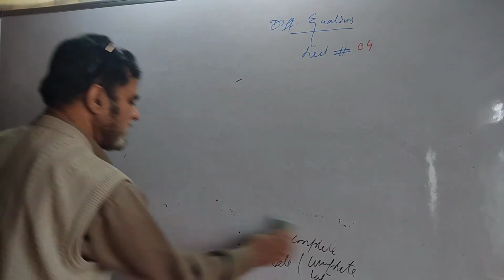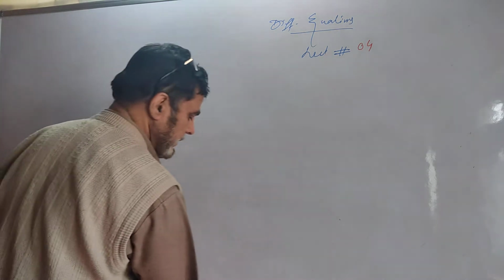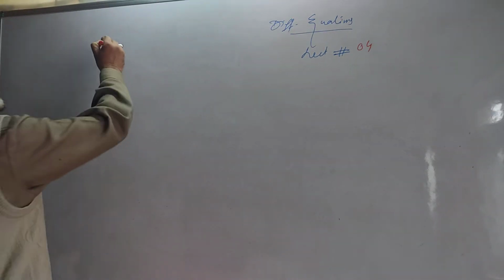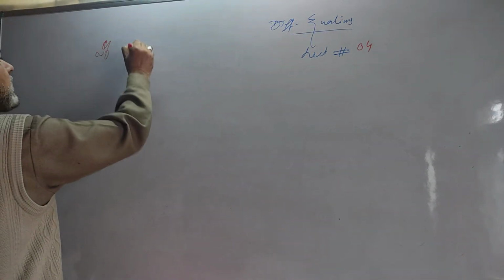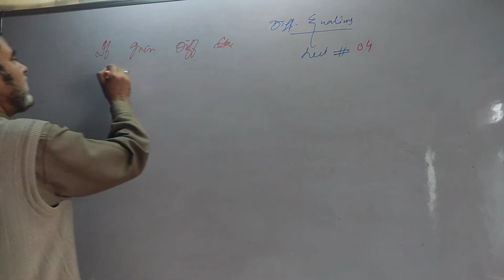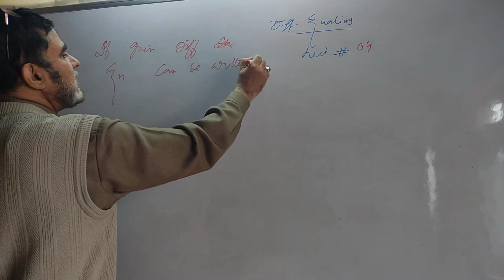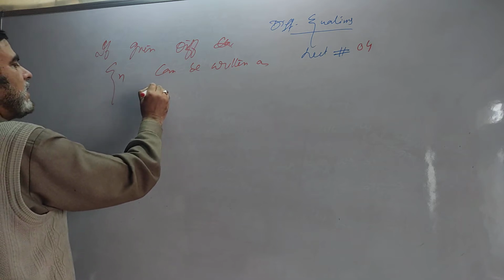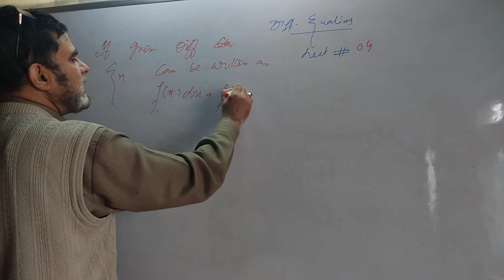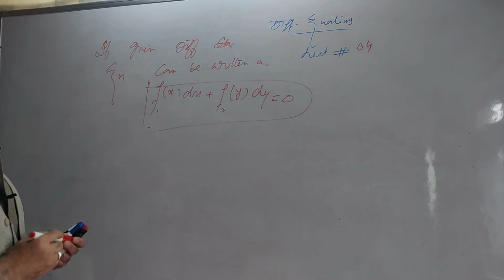In other words, if a given differential equation can be written as some function f1(x) dx plus f2(y) dy is equal to 0, sometimes we can put it in this way.